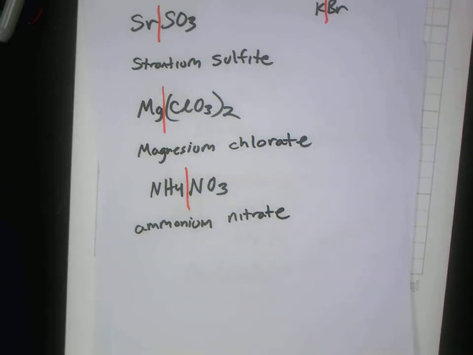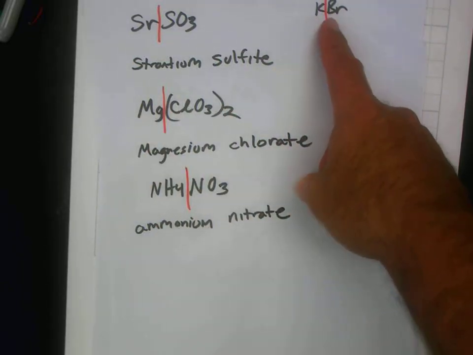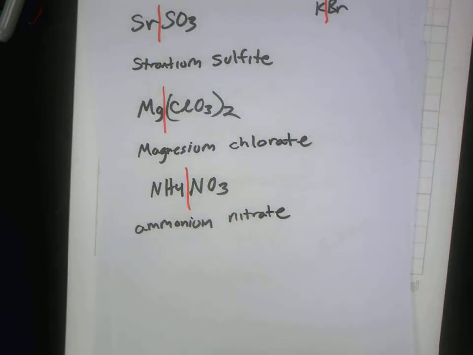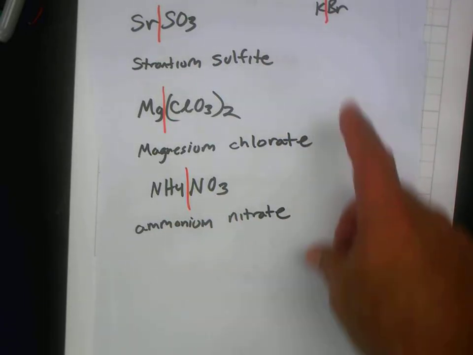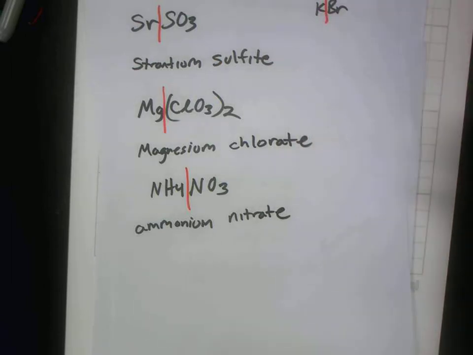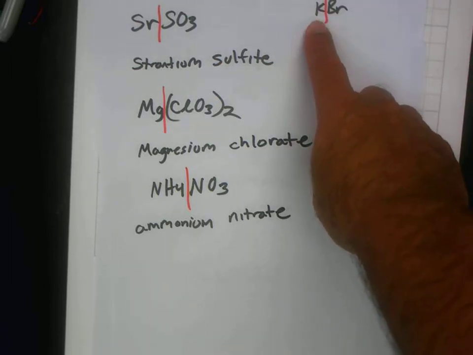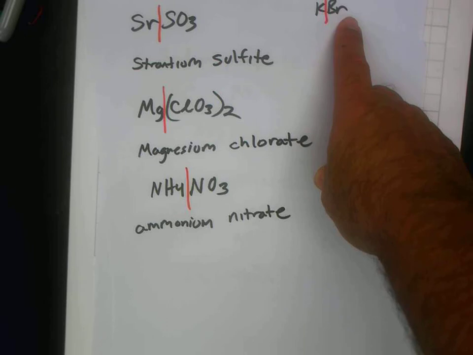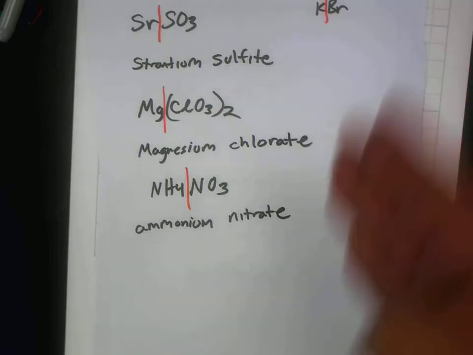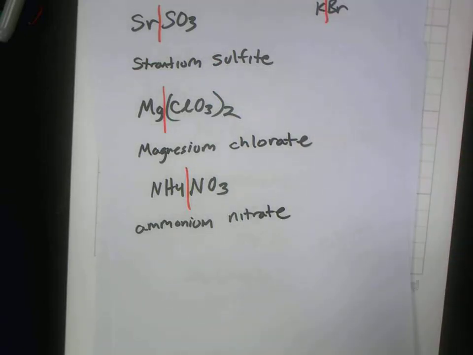Any questions on naming elements with polyatomic ions in them? Really, all you have to do is identify what's a polyatomic ion. And what I do is I go, oh look, there's more than two elements in my formula. There must be a polyatomic ion. Because if it's just two elements, there's no polyatomic ion. One of them is a cation, and one element is the anion. But if there's more than two, then we have to figure out what is your cation, what is your anion.